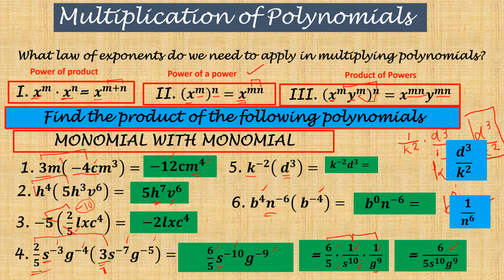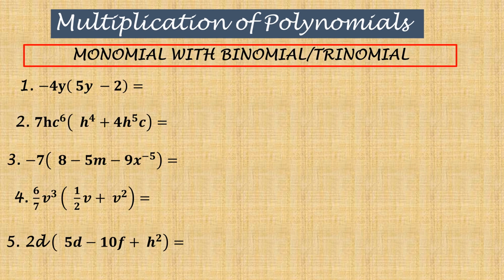Okay, so let's proceed to the next example. This time, we have already a monomial with binomial, or it could be a monomial with trinomial.